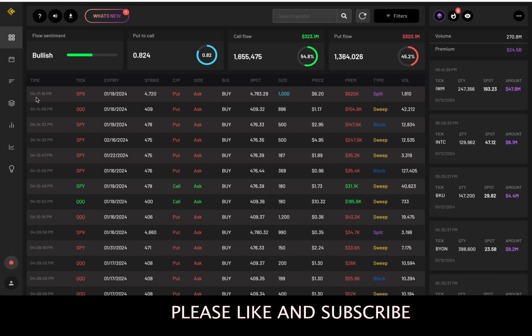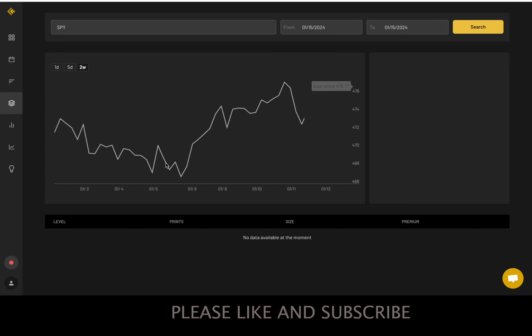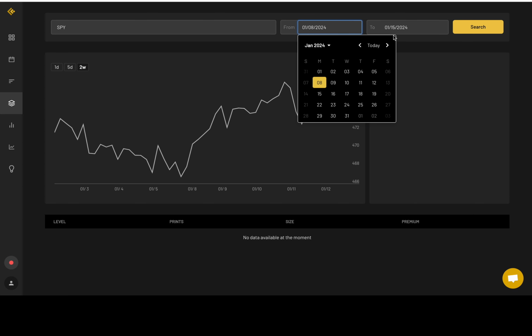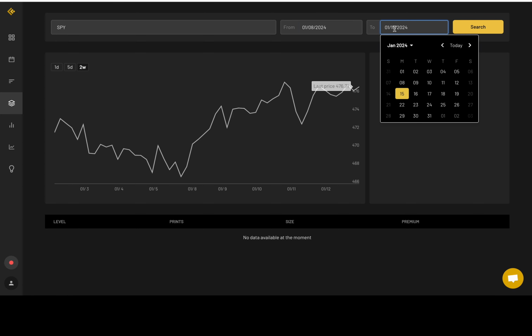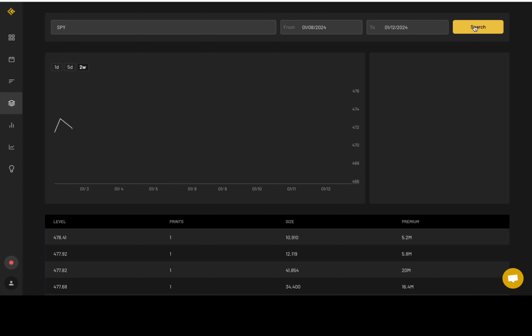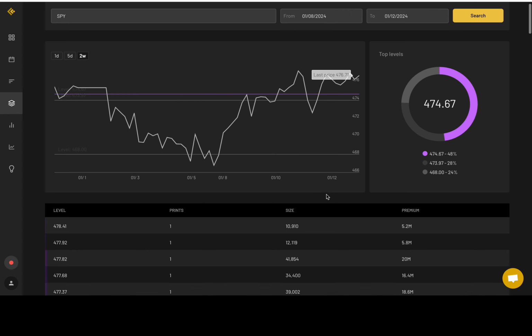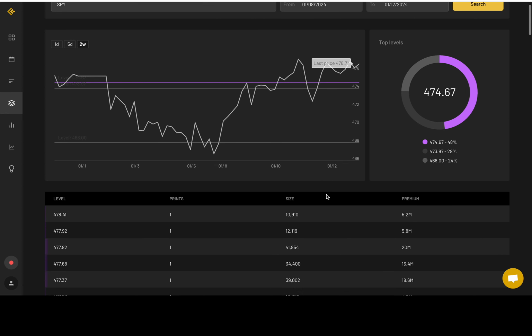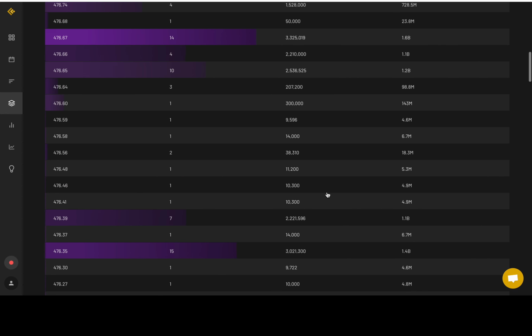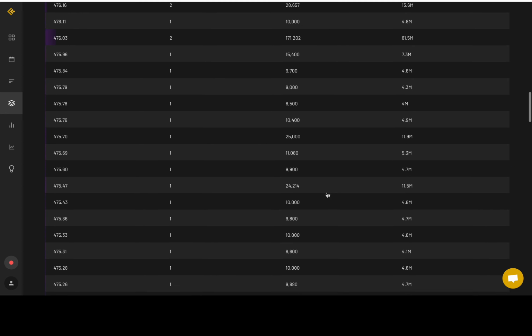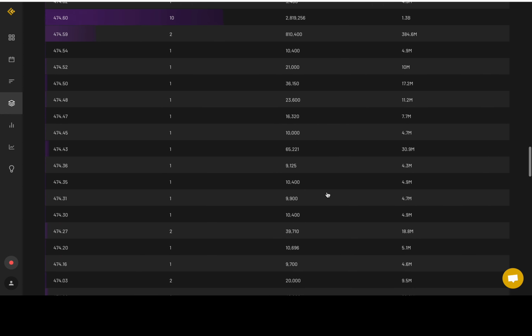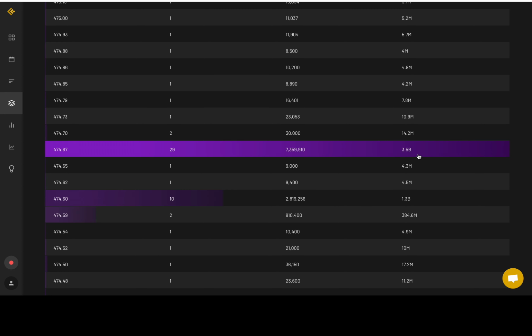Let's get to the dark pool, guys. Dark pool. Oh, we got nothing. Goodness, let me check last week's activity. So last week, the most activity we had was at 474.67. 3.5 billion.